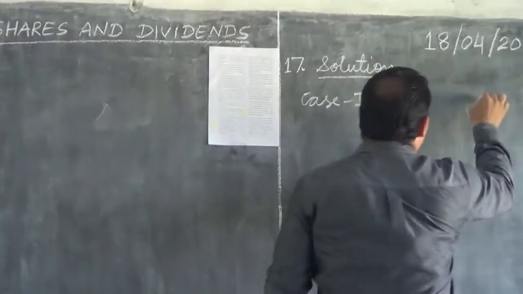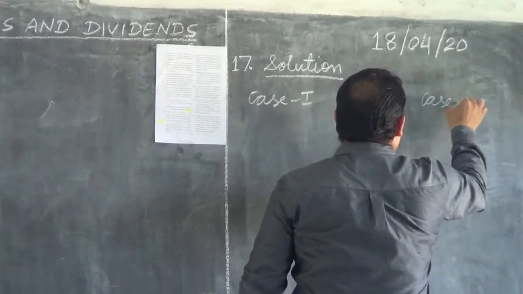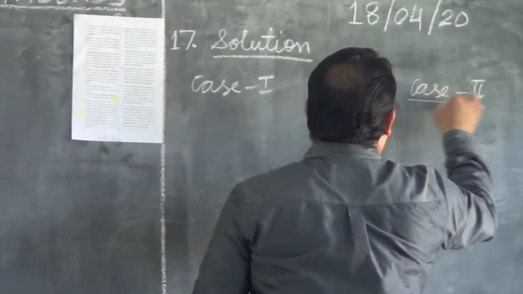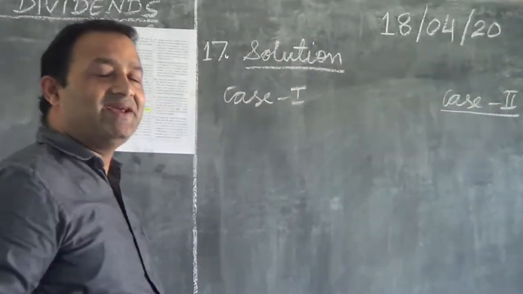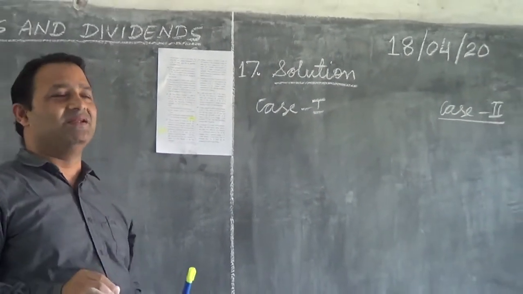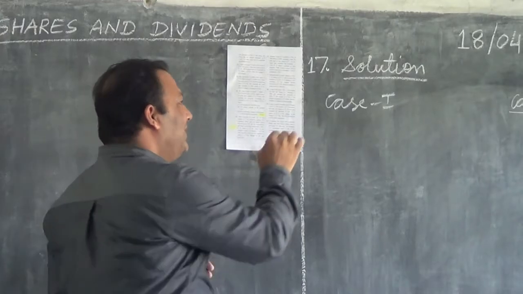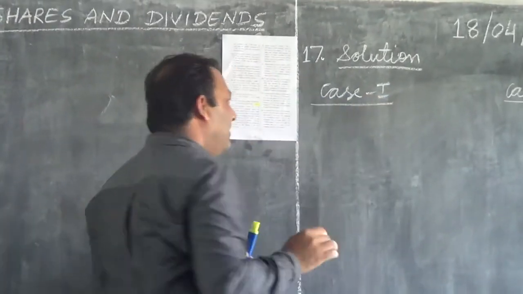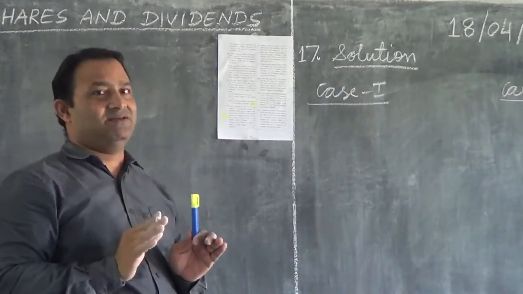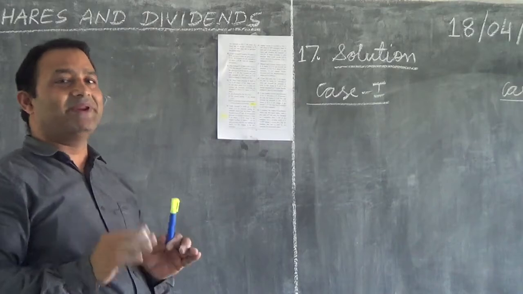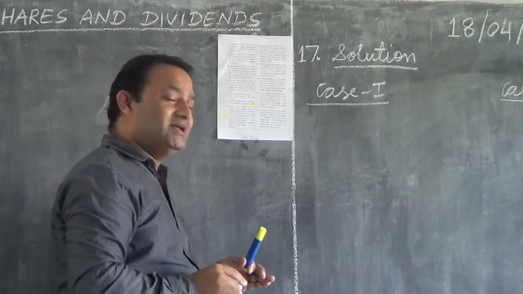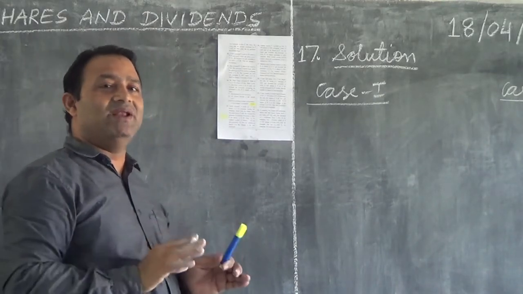and case 2. Remember, whenever there is change in income, whether it is increase or decrease in income, always we need to find the annual income in two different cases, and then we will find the difference between the two annual incomes.